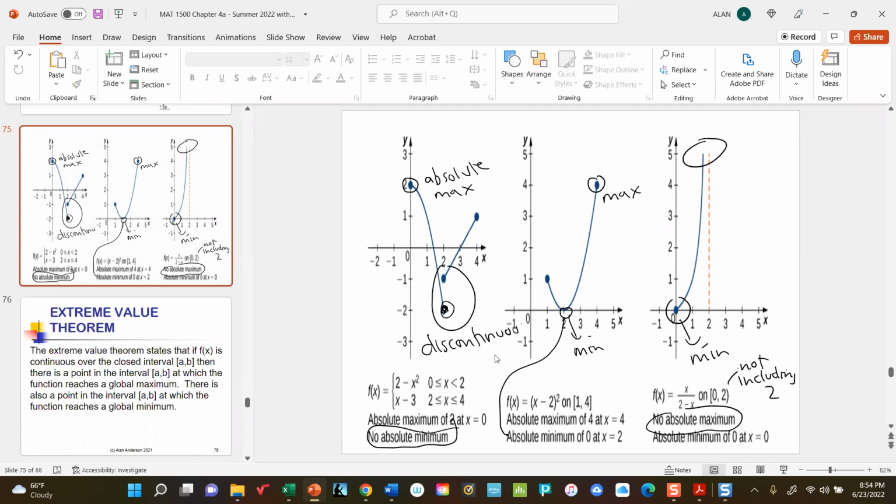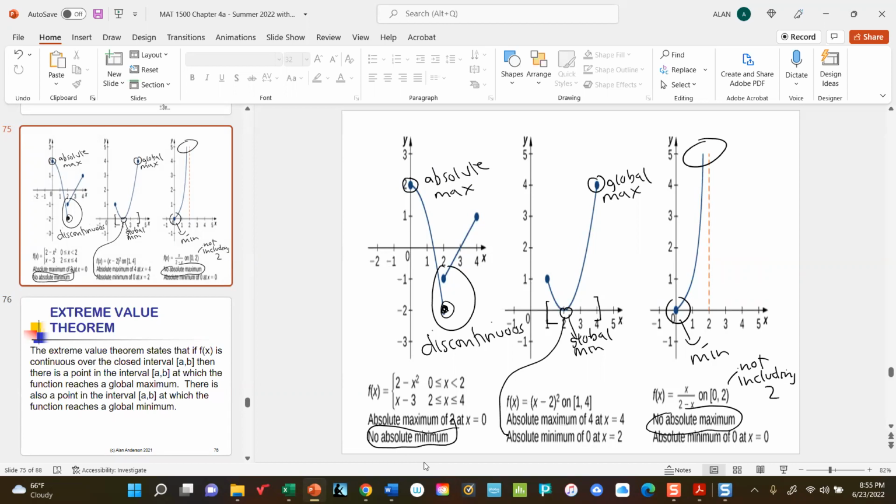So that means the extreme value theorem fails to hold. But in the second case, we have both. That's because the function is defined over 1 to 4 and it's continuous throughout the entire function. We have to find them, of course, but we are guaranteed that they both exist: the global, or absolute, maximum and the global, or absolute, minimum.